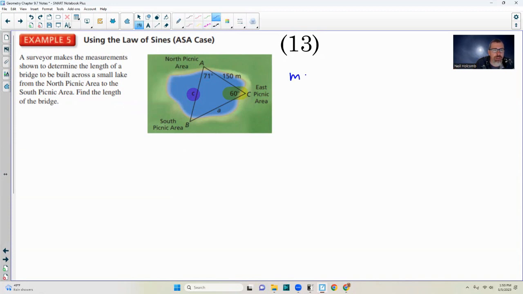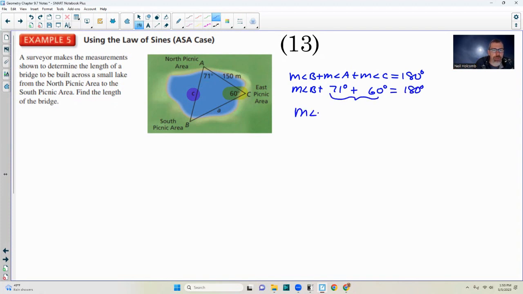So the measure of angle B plus the measure of angle A plus the measure of angle C equals 180 degrees. We don't know B, and that's why I put that angle first. The measure of angle A is 71 degrees, and the measure of angle C is 60 degrees. So you write a formula, you substitute your givens, you simplify and solve.